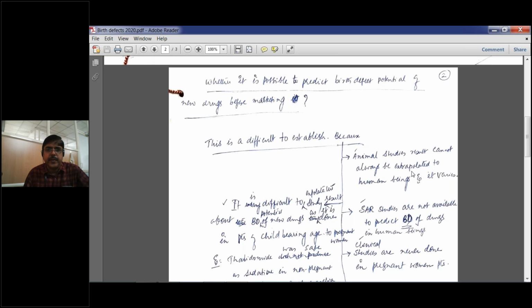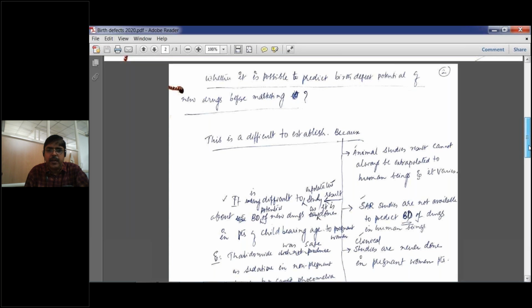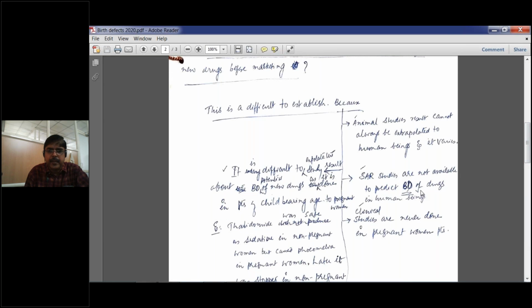This is the difficulty. The next difficulty is that SAR studies are not available to predict the birth defects of drugs in human beings. What are SAR studies? Anybody knows it? Manoj, do you know what SAR studies are?